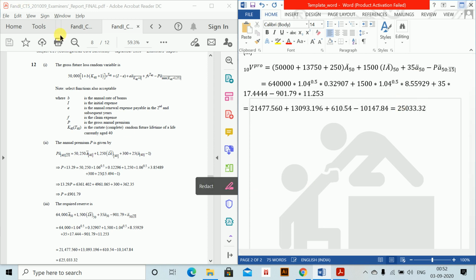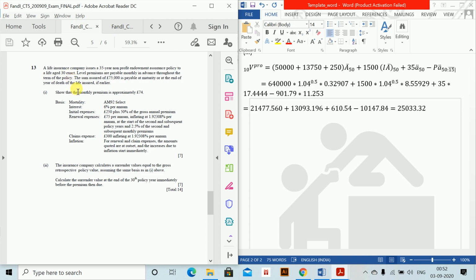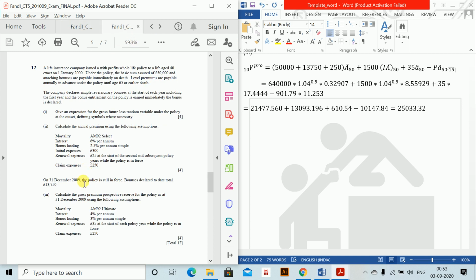Now coming to the second question. A life insurance company issued with profits whole life insurance to a life aged 40. Attaching bonuses is equal to, this is a life insurance company, just let me check. Premiums compound.